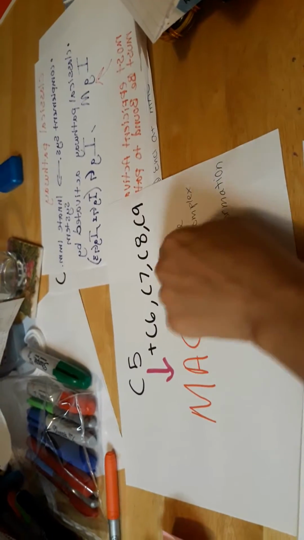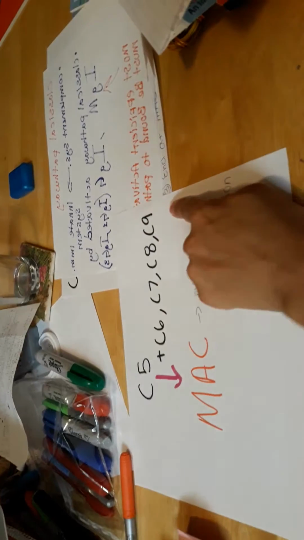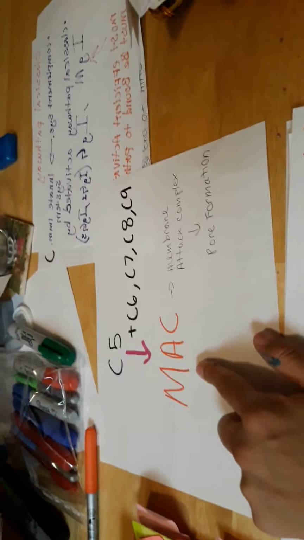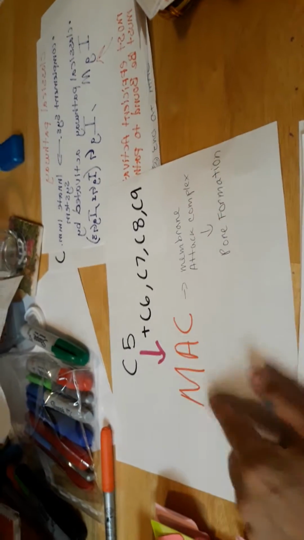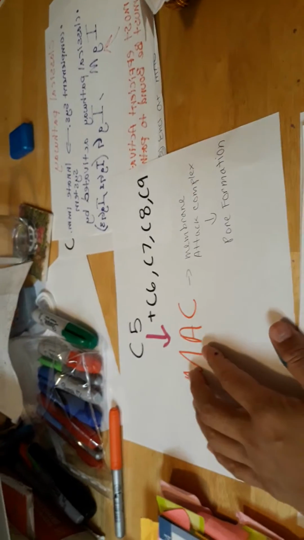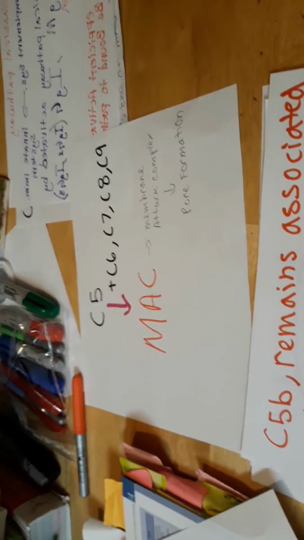C6, C7, C8, and C9, okay? So it's going to grab all these, okay? And all these put together is the MAC, the membrane attack complex. Remember, the membrane attack complex can now poke holes in the pathogen, okay? Thus killing it. Awesome. Perfect. We're done.